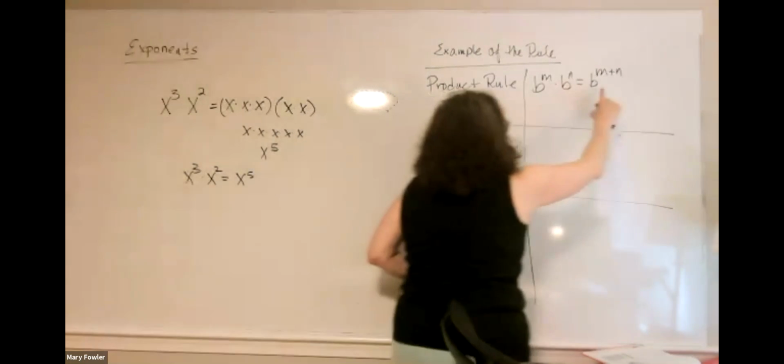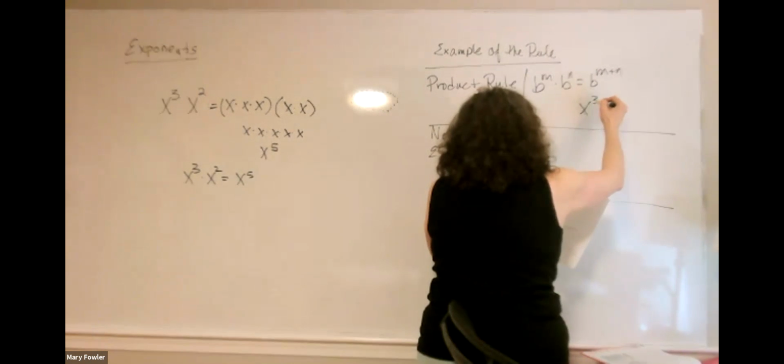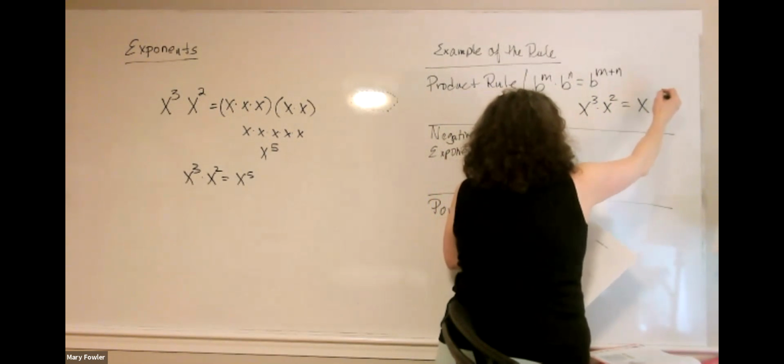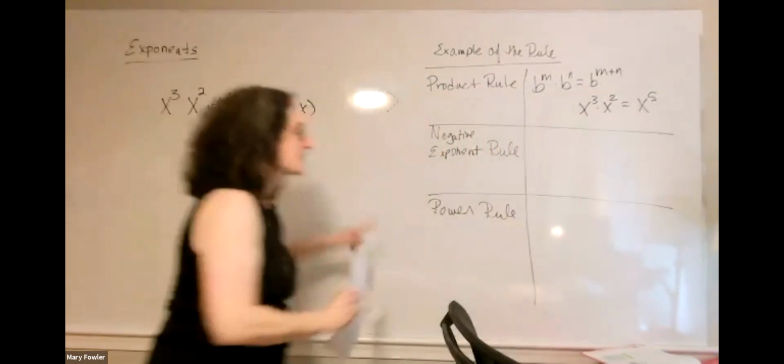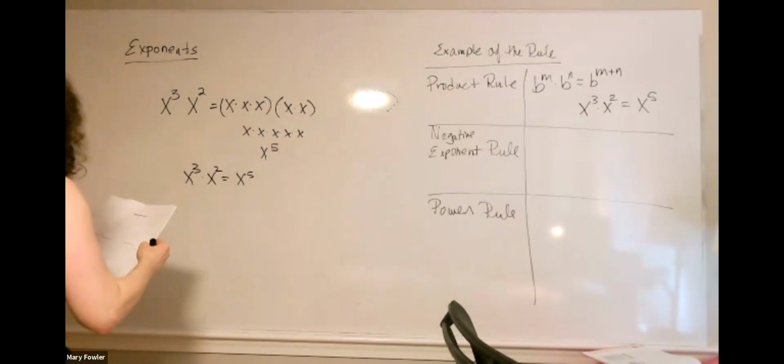The example is x cubed times x squared is equal to x to the fifth. It gives us a way to use that and remember it.